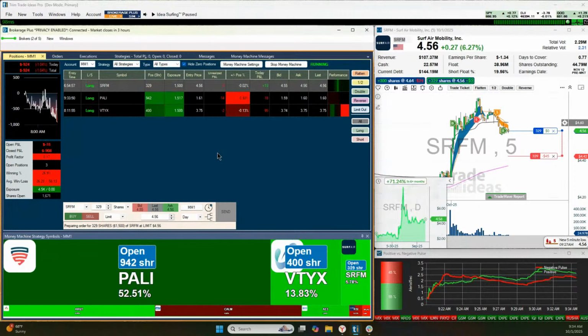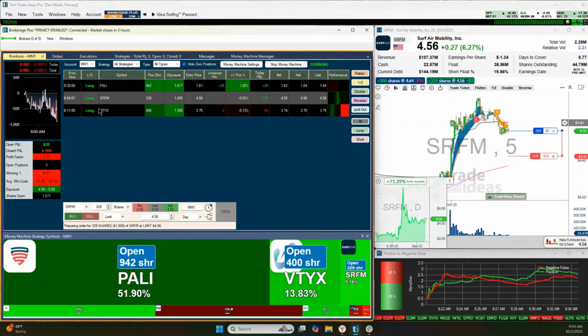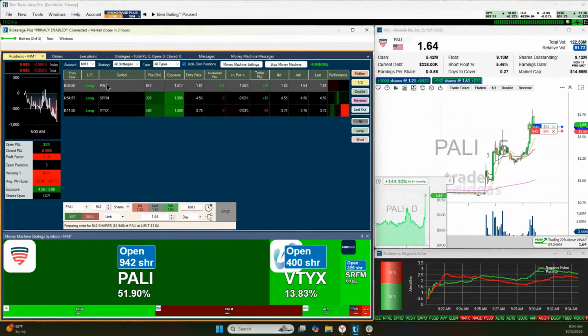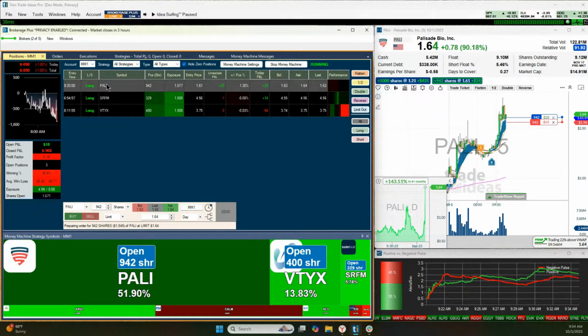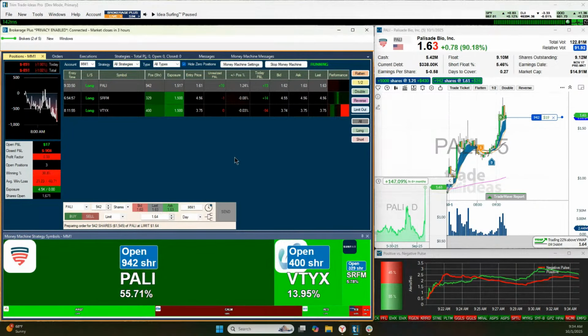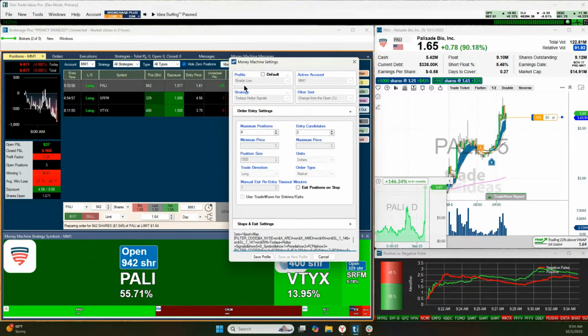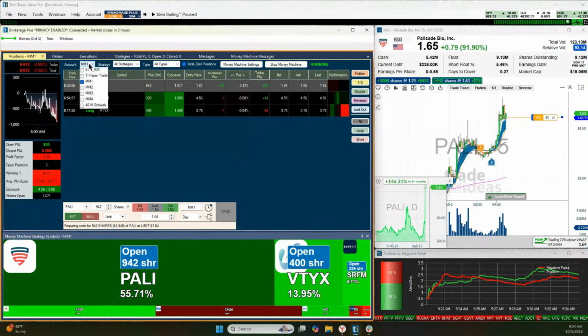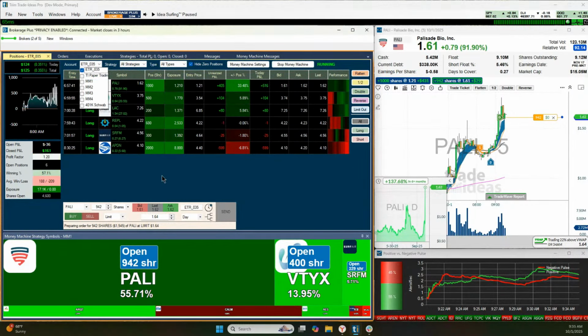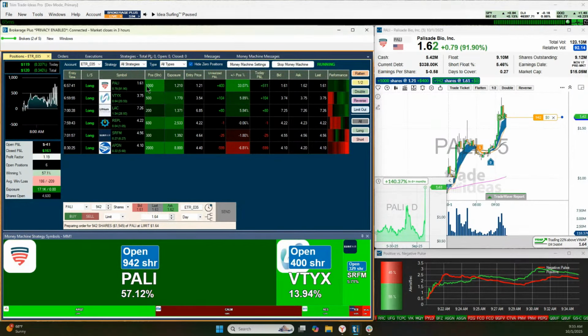So today, if I had done this from the open, which I didn't, it would have gotten me into the Pally trade. But what I actually did was trade that one just through E-Trade by itself. So in essence I was executing this today, and that's what I was demonstrating to you guys over here. That's how this happened.